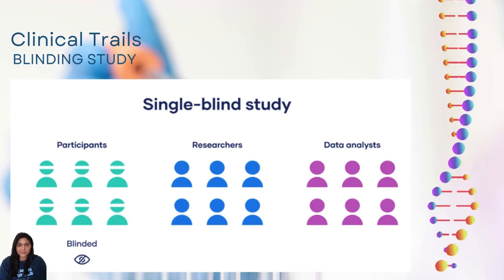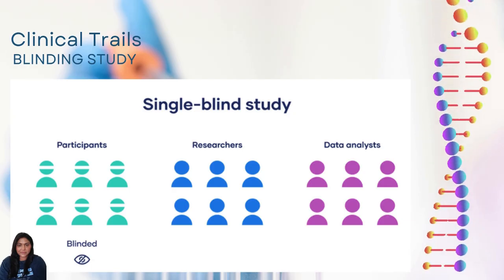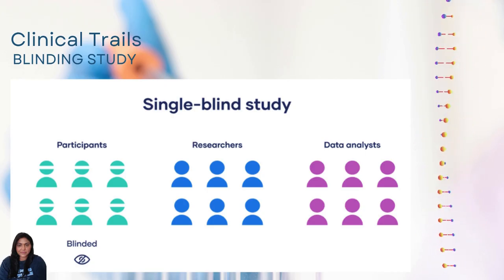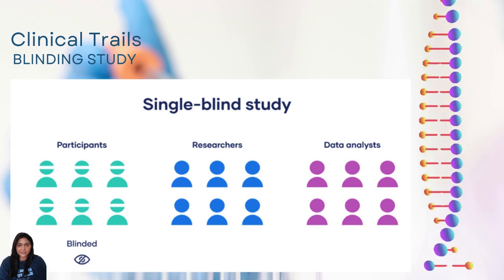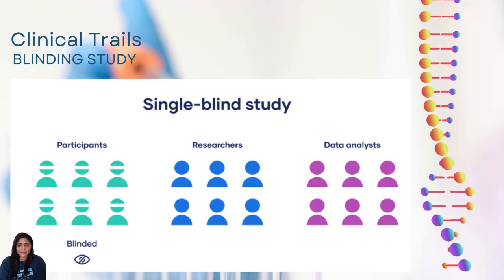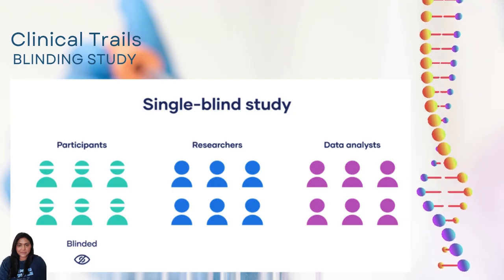So in a single blind study you hide from participants which vaccines are real and which are inactive drugs. As I told you, single blinding always helps to reduce the treatment biases.